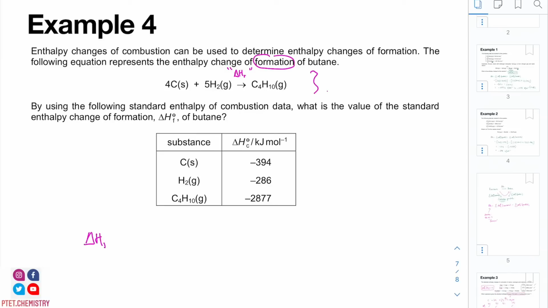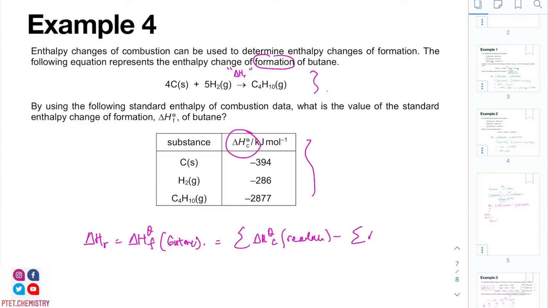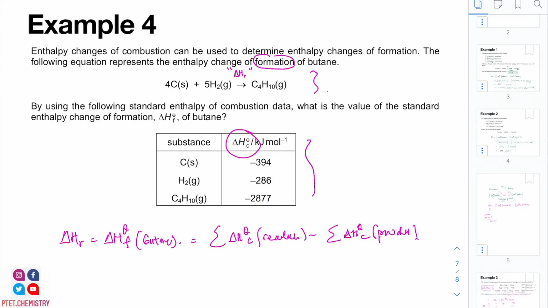So the enthalpy change of reaction, which is equal to the enthalpy change of formation of butane, but I'm focusing on the enthalpy change of reaction given the enthalpy change of combustion, is going to be the sum of the combustion of reactants minus the sum of the combustion of the products. So you gotta keep an eye out for what is what. That's what my point is really.